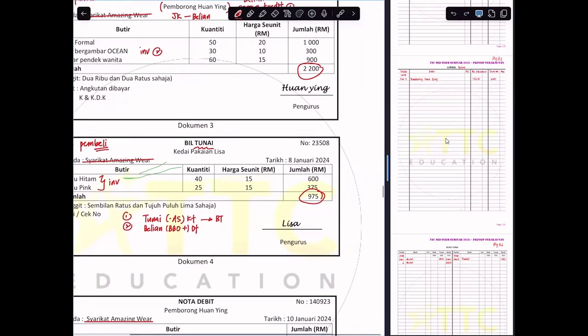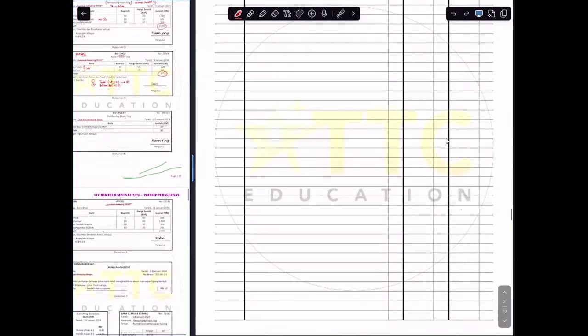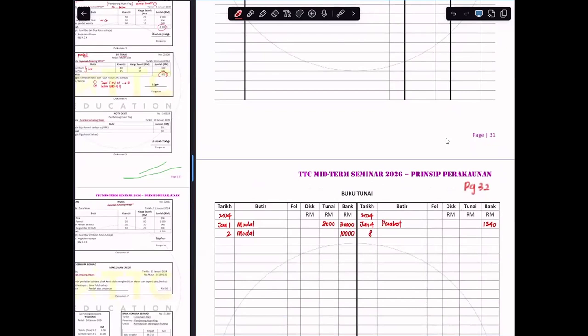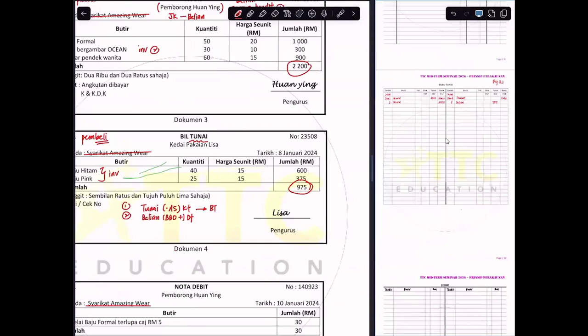Okay, record into your buku tunai. Credit, so put the date and the value in credit side tunai. Then for bukti you need to write belian because you can't write tunai in tunai.